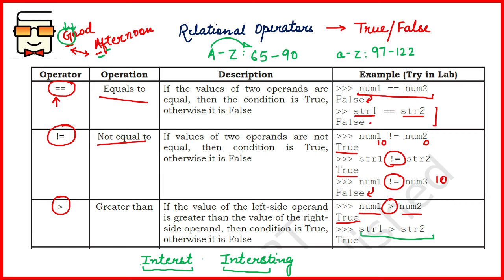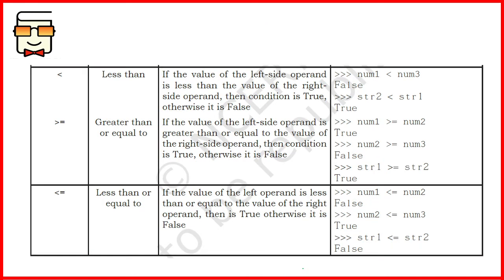So how would the comparison be done? Here, since the first string has ended after this particular T and there are still characters remaining in the second string, therefore the second string is considered to be greater than the first string. Alright. So you must remember these rules while performing comparison using the relational operator.